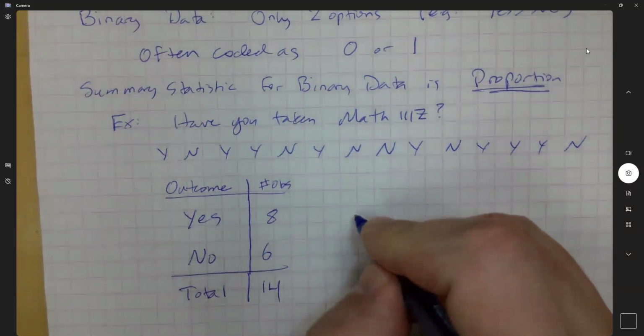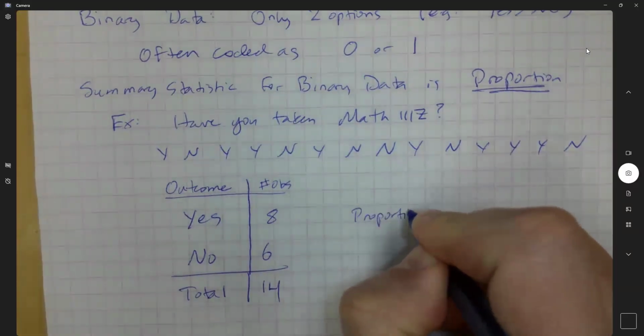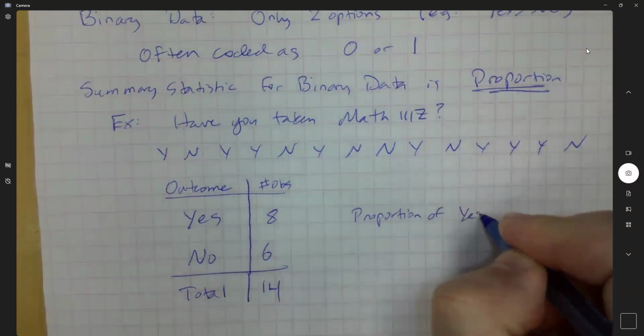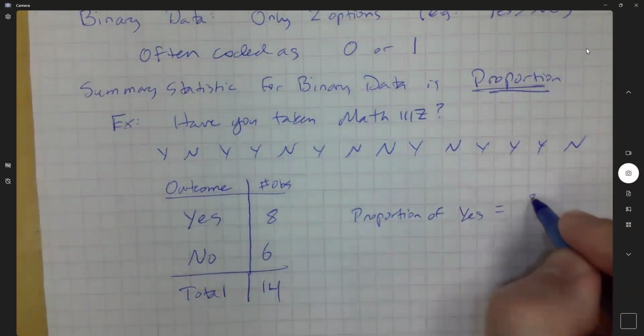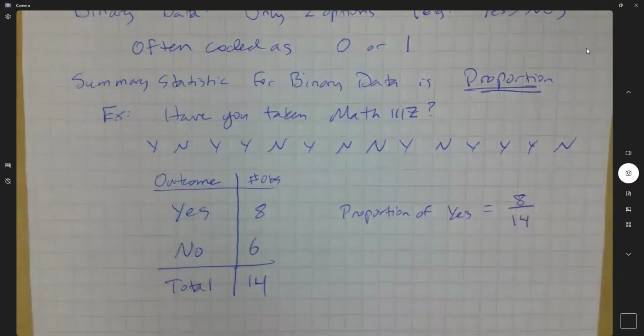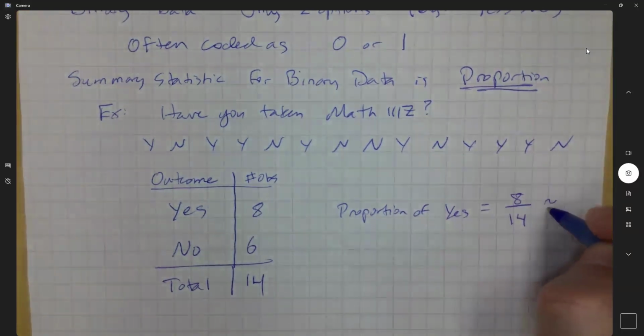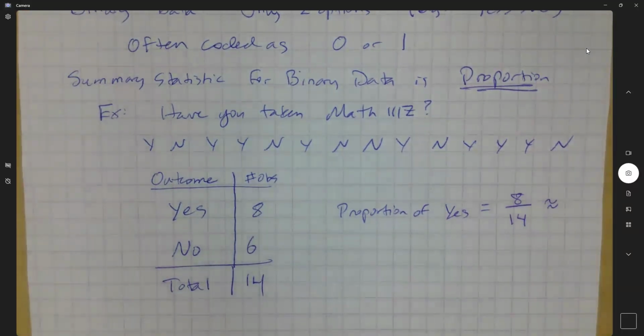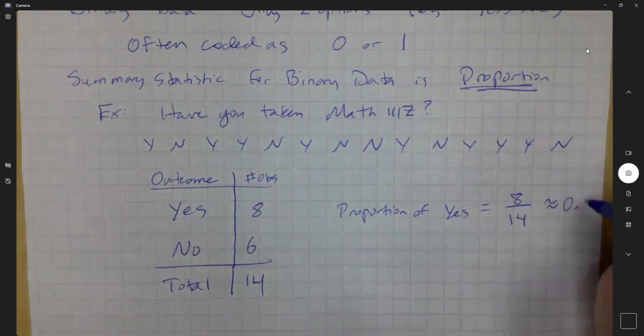And so our summary statistic would be the proportion of yeses, which is 8 over 14, or about 0.57.